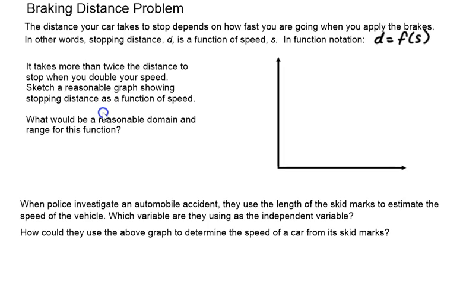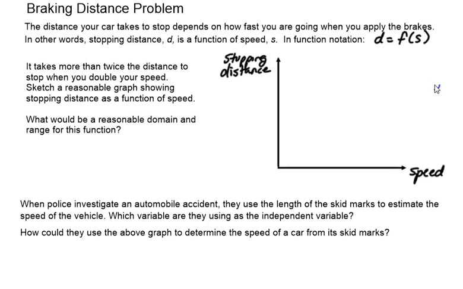D is a function of s. So that means that d then is going to be our y value and s is our x value. So that means speed is going to go on the x-axis and stopping distance is going to go on the y-axis.